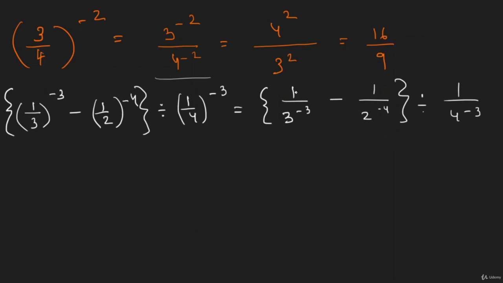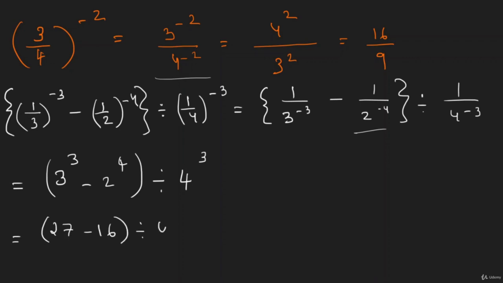Alright, now 1 divided by 3 to the power minus 3 is equal to 3 to the power 3 and minus, I have minus over here, and this simplifies to 2 to the power 4. Right, now let me divide this with 4 to the power 3. Now 3 to the power 3 is 3 into 3 into 3, which is 9 into 3 is 27. 2 to the power 4 is 16.